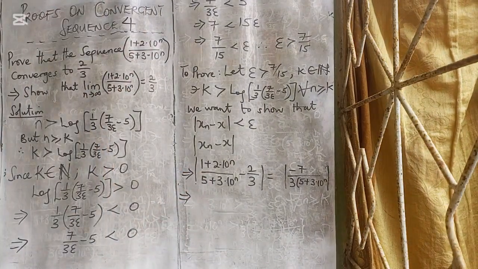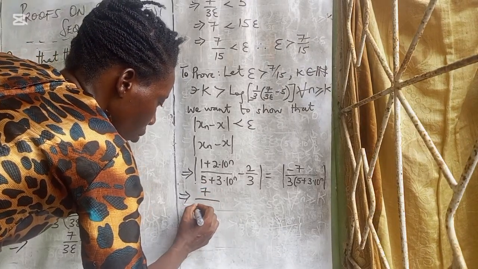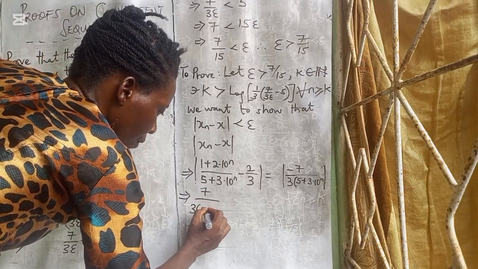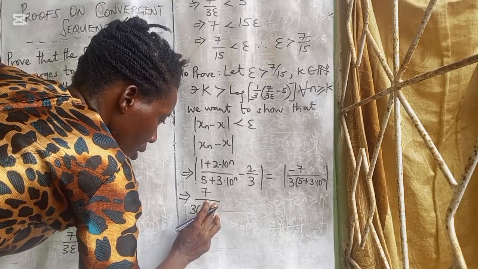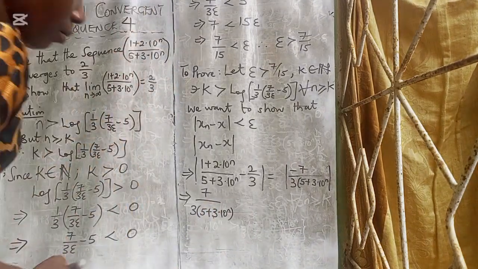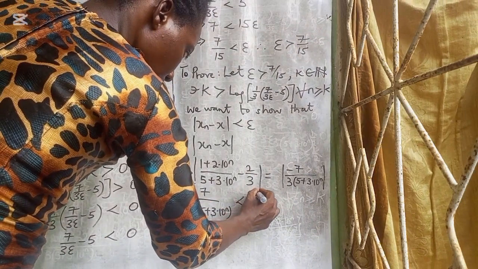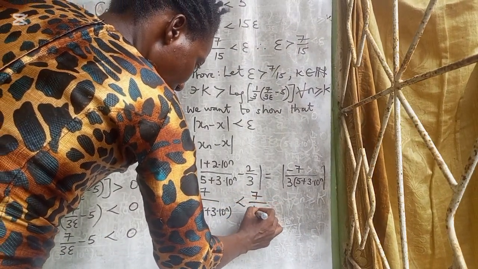And then the absolute value takes care of the negative sign. We are left with what? 7 over 3 into 5 plus 3 into 10 raised to power n. But this now is less than 7 over 15.